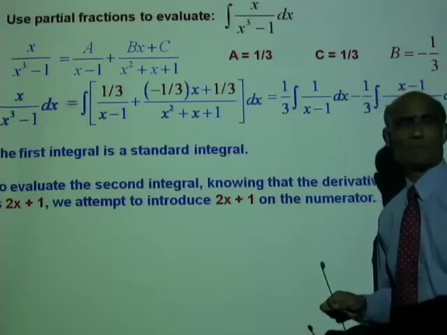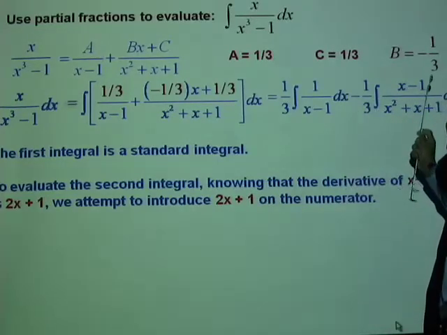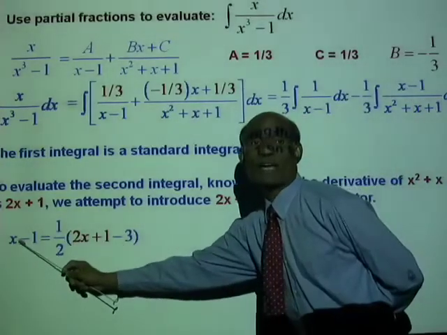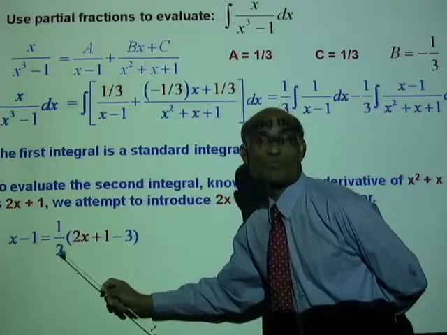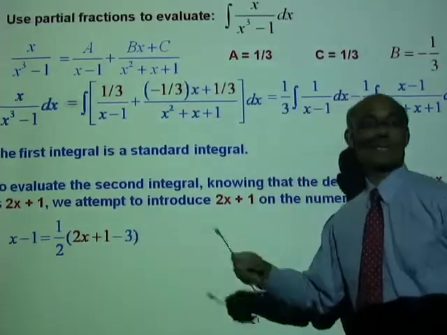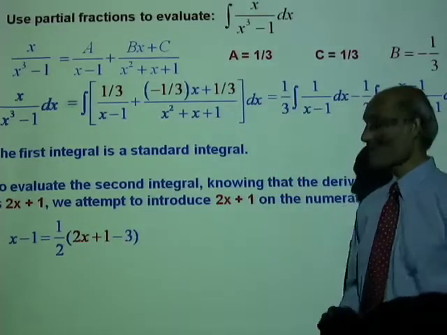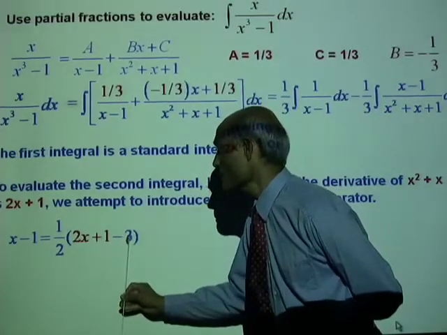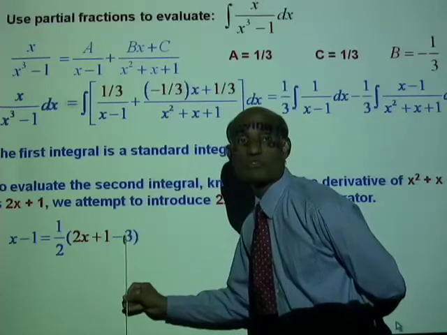Oh, well. First of all, look at this. x minus 1 can be written as 1/2 of 2x plus 1 minus 3. Is that possible?